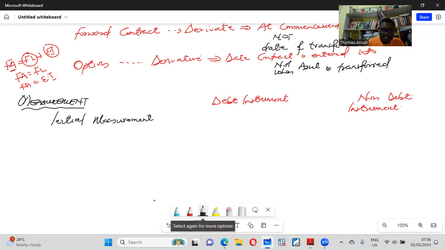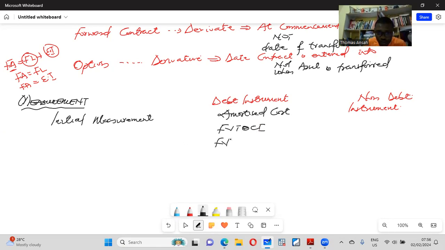Now, if it is a debt instrument, we look at three initial measurements. We have the amortized cost, we have the fair value through OCI, that is fair value through other comprehensive income, and we have fair value through P&L. All right, we will explain this.